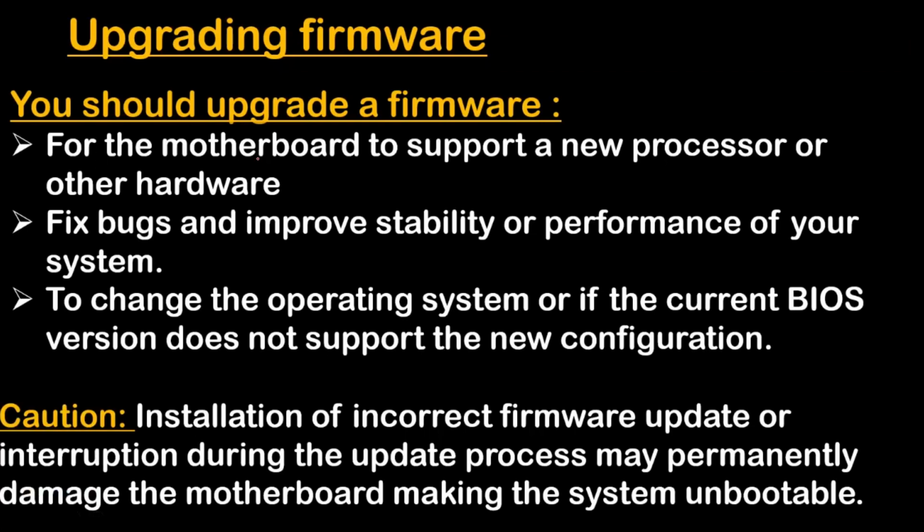Suppose you are using a motherboard which was launched 10 years ago, and that motherboard supports i3, i5, i7. And now, as we discussed, in the market we have i9 also.